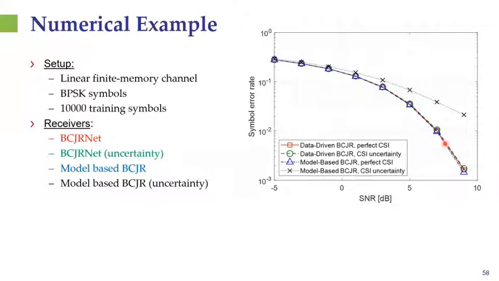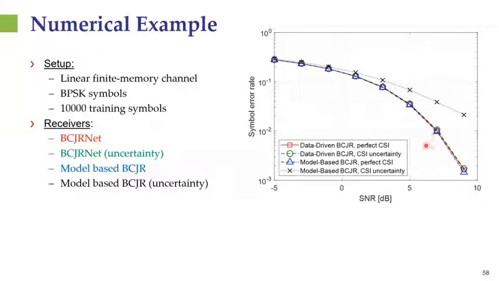Again, we also see that by utilizing machine learning, we're improving robustness to uncertainty. Because if we have some level of uncertainty in our knowledge of the channel, we have inaccurate function nodes in the factor graph, and the model-based BCJR algorithm deteriorates.